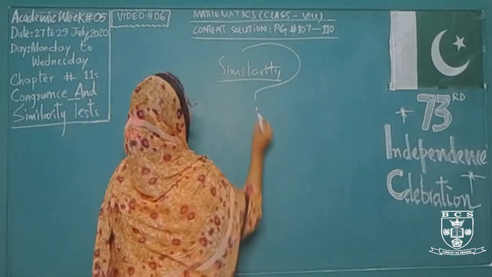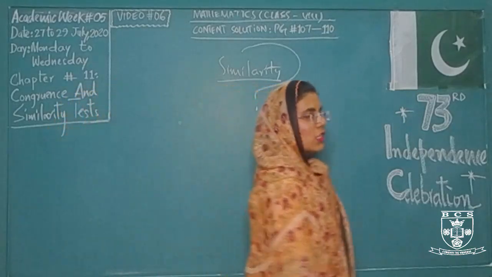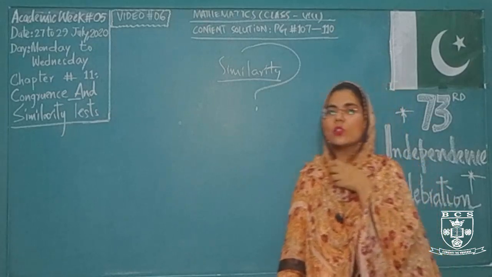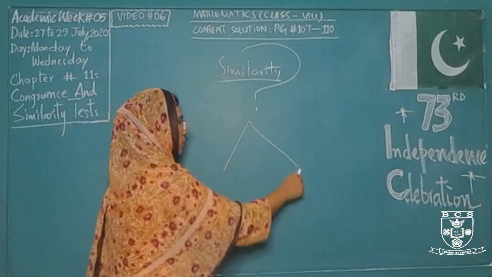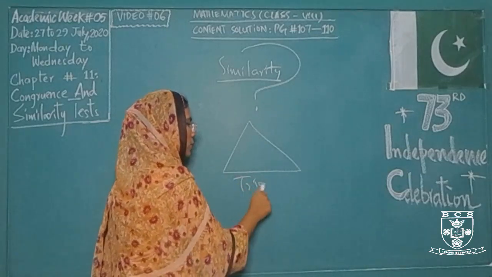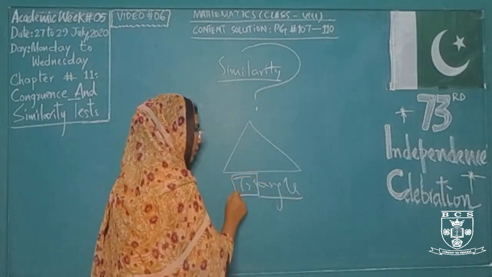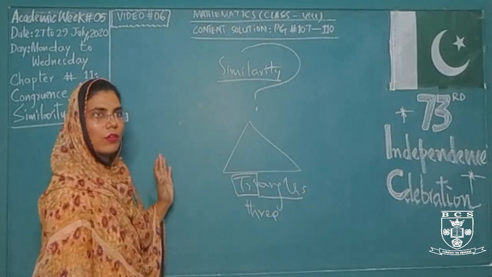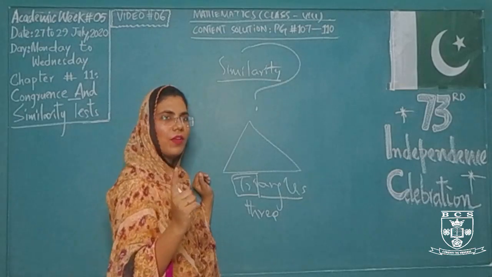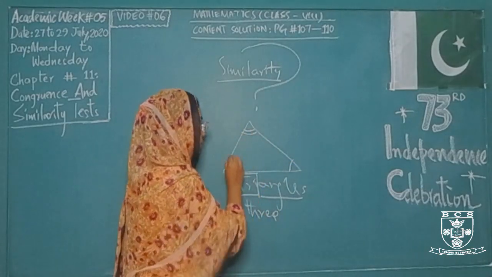What is similarity? As I have told you in your last class, there are 6 fundamental elements of a particular triangle. Whenever we are having a triangle, as its name implies, we have 3 different angles. And whenever we are having angles, we also have different lines. To make one angle, we have 2 different lines. So this is your angle 1, angle 2, and this is your angle 3.